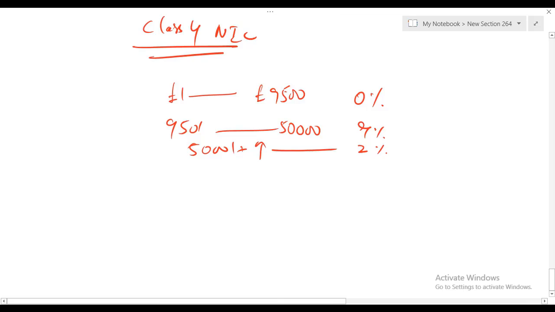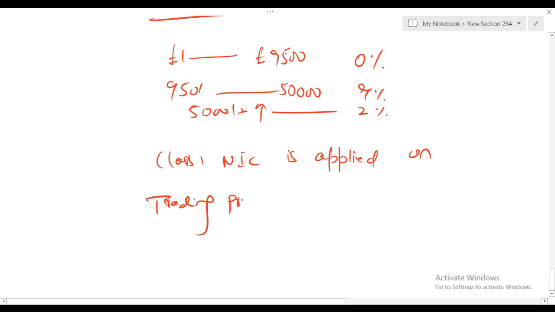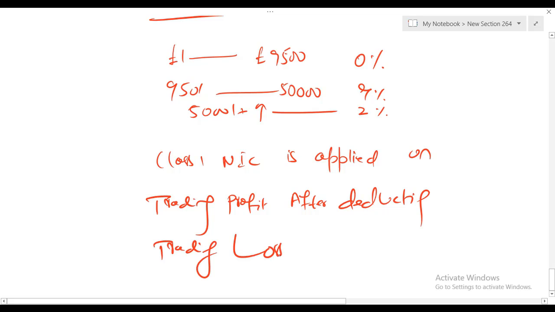Class 4 NIC is applied on trading profit after deducting trading losses, if any. What do you mean by this?